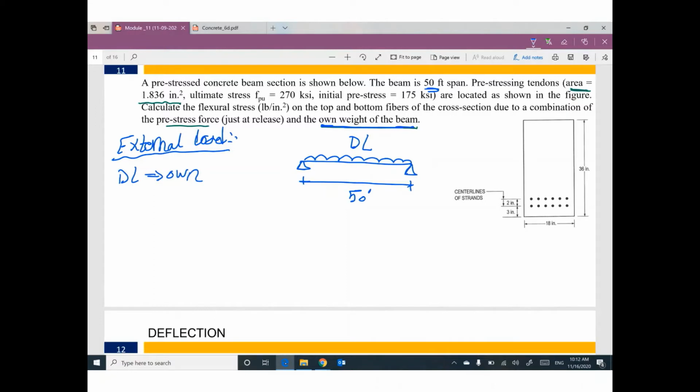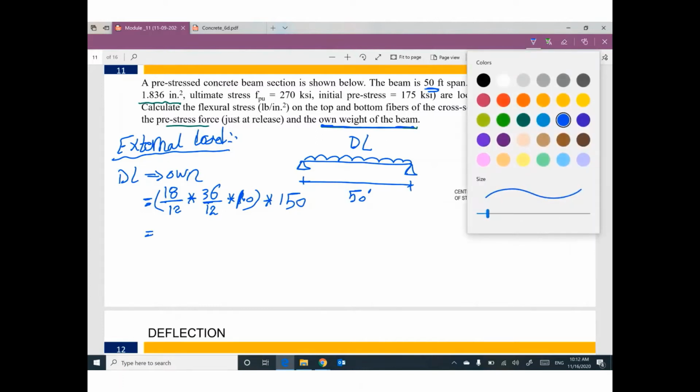Do you remember how we can calculate the unweight of a beam? Yes, I can. 18 divided by 12 times 36 divided by 12 times 1. I'm assuming unit length, 1 foot, times gamma concrete, which is 150.